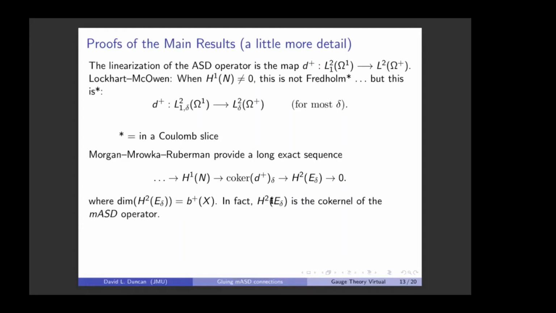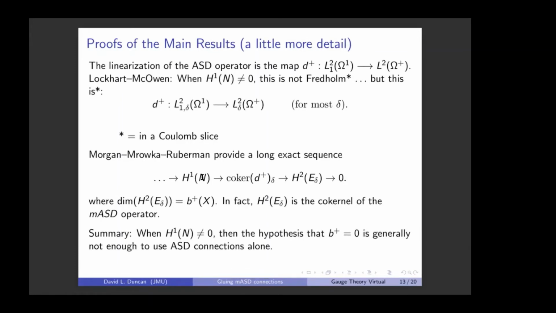As I just said, this H2 of E delta represents the kernel of the mASD operator. What you see is that if H1 is not 0, that is, if you're in the setting where the de Rham operator is on one-forms, you can phrase the equivalent versions as you want.